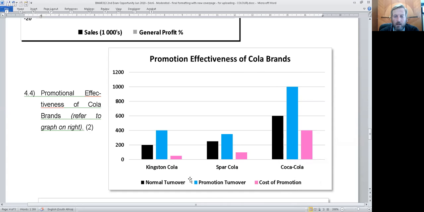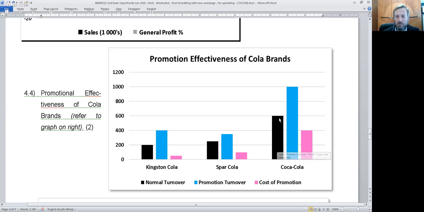Now, once again, it does not indicate units, and I purposefully made this like this to give a student the indication that it can be in a test or exam that he can actually mention, but listen, we need to indicate on the graph that we need to refer to, is it units or income or revenue? So the one can actually be units, these two can be units, whereas this one is actually just cost in monetary value.